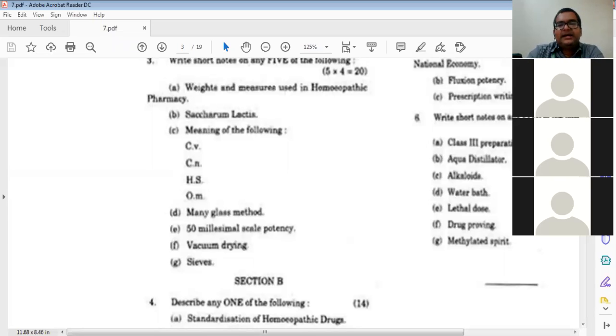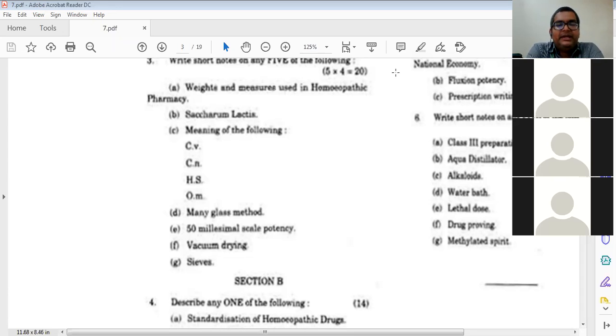We discussed maybe five to ten question papers as a model, saying this type of question comes, but we did not discuss all the questions. So now we have time, that's why we are discussing.